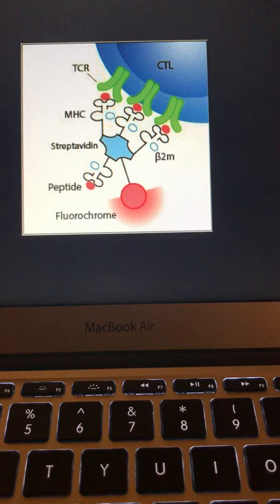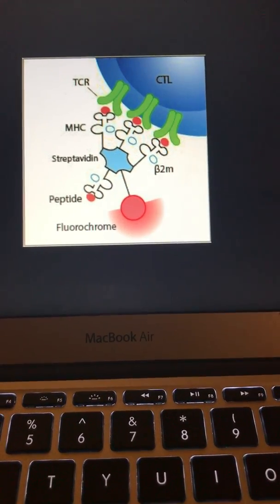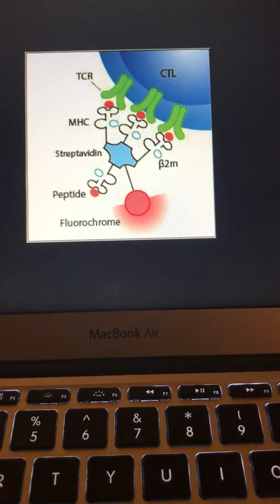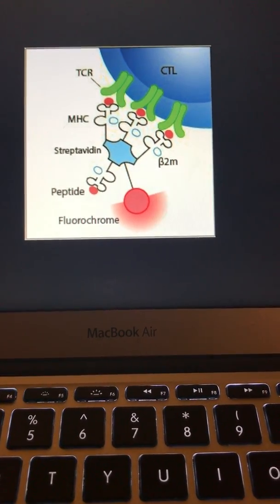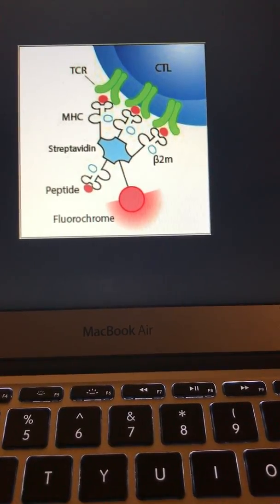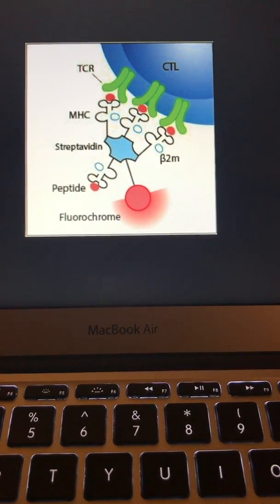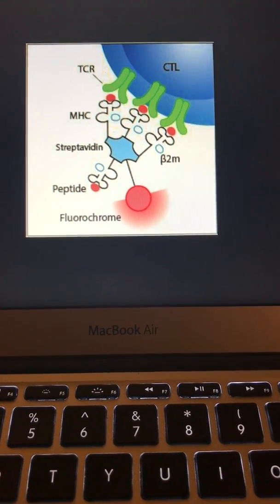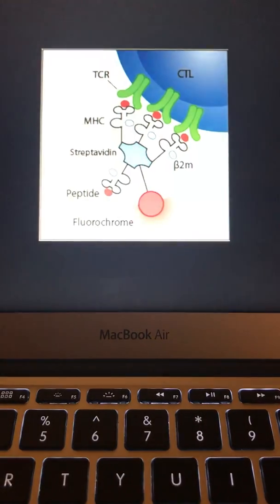Tetramers consist of multiple bound MHC molecules. In other words, the need for MHC tetramers comes from the high dissociation rate of MHC monomers, which can make the detection strategy difficult for monomers.